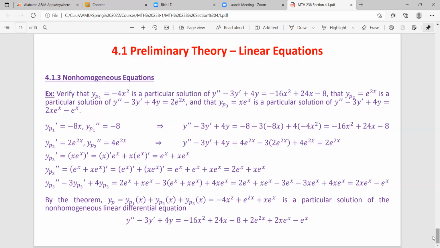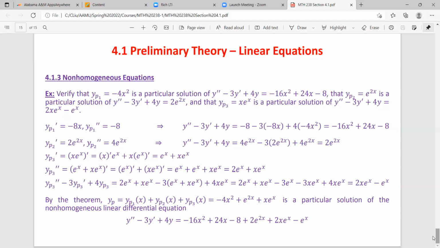The two functions in YP3 are x and e to the x. So you just take the derivative of the first function times the second function plus the first function times the derivative of the second function. So we get x prime times e to the x plus x times e to the x prime.